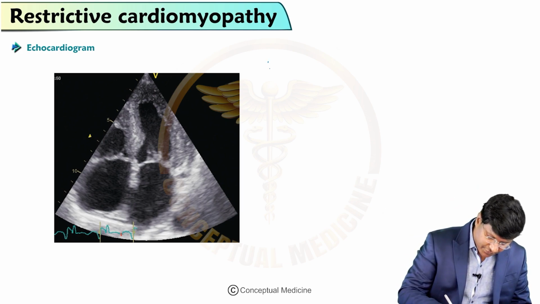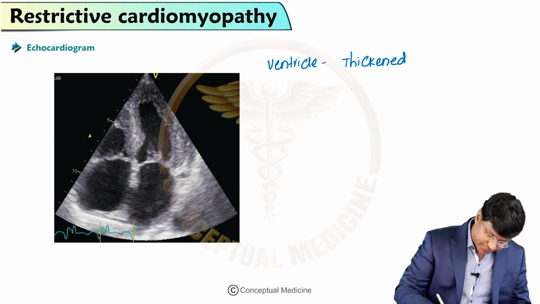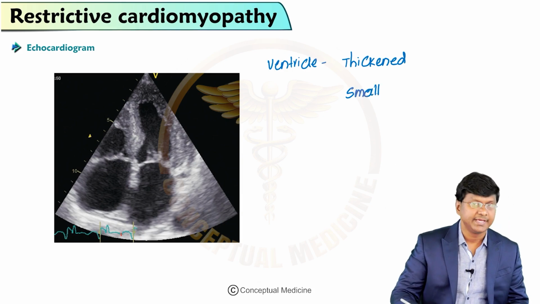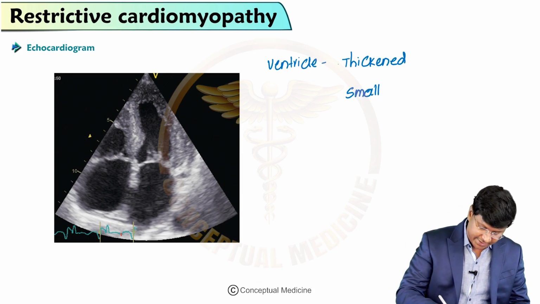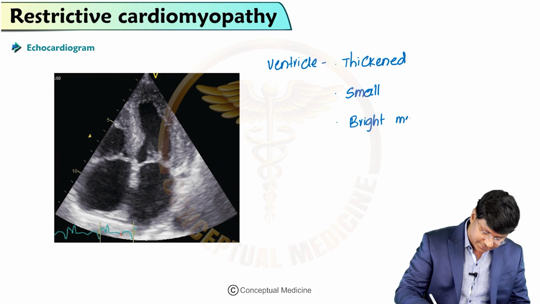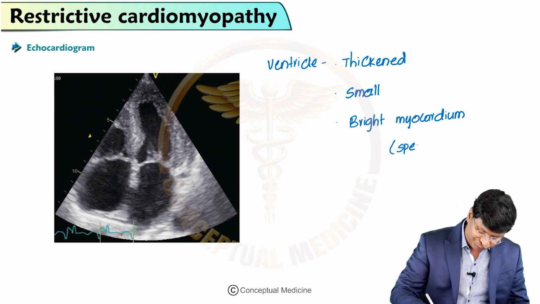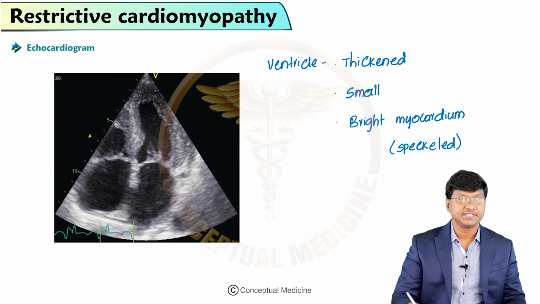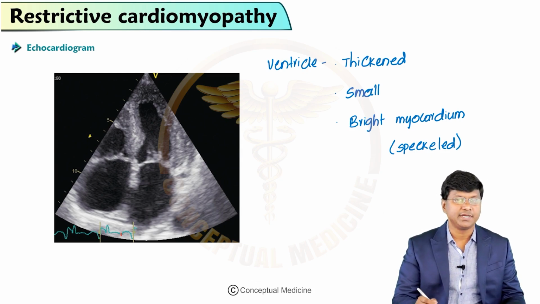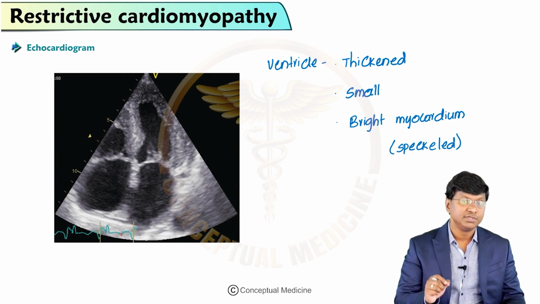If you take the ventricles, they are thickened, they have a small lumen, and they have bright myocardium. And this myocardium is speckled.